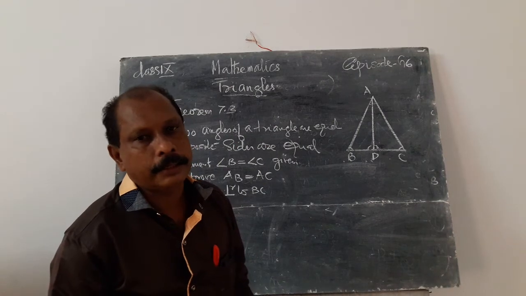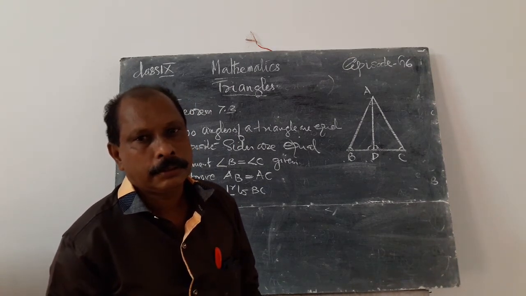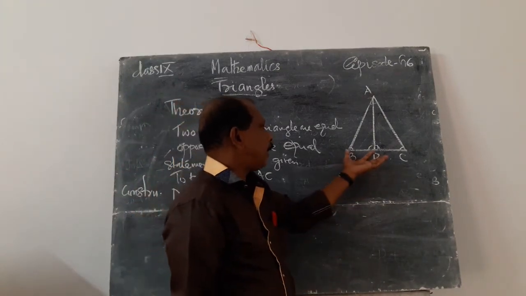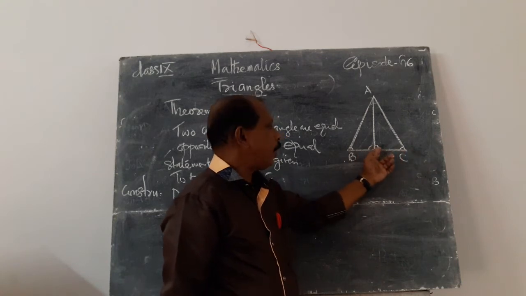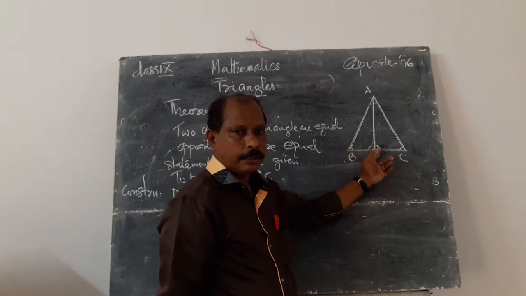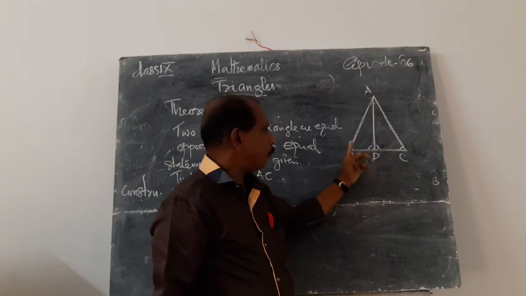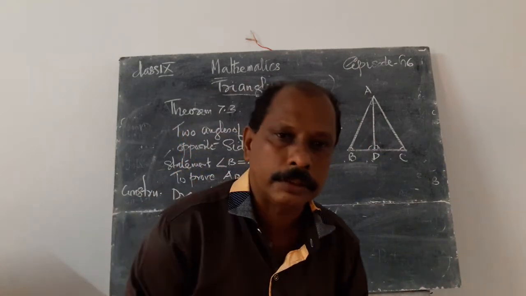That is the angle side angle method. Clear? That means these two sides are equal, and these two angles are 90 degrees. This is common. Therefore, by side angle side or any method, we can prove the result.